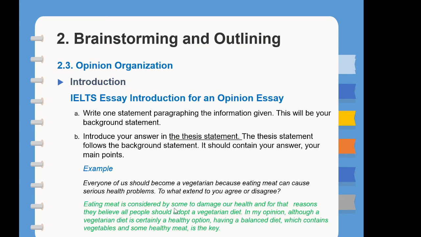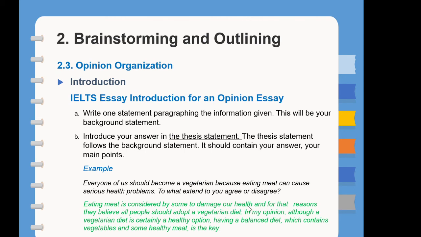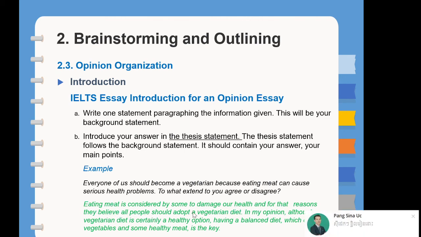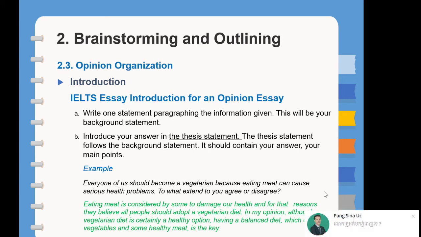Look at this. The first thing is to paraphrase from 'everyone' to 'serious health problems'. You paraphrase this: eating meat is considered by some to damage our health, and for that reason they believe that all people should adopt a vegetarian diet. This is the background information, right?